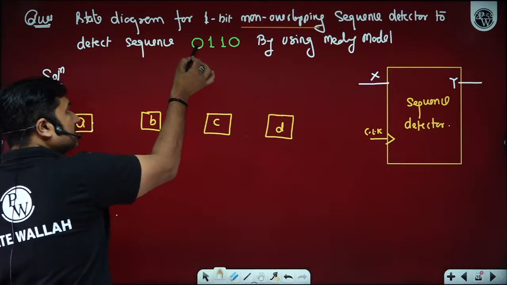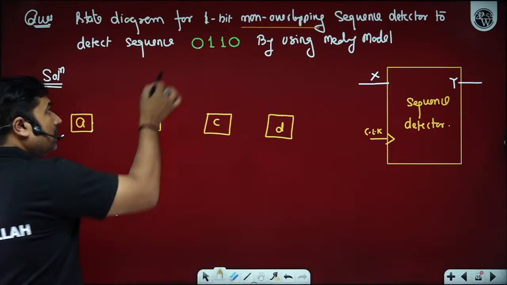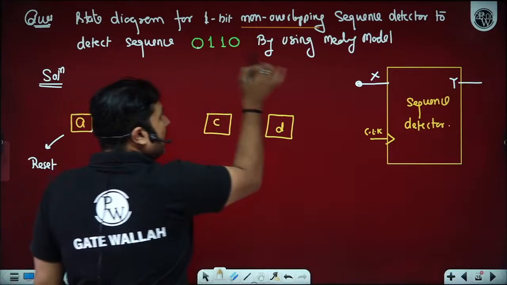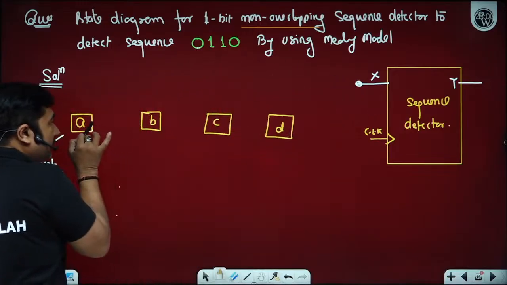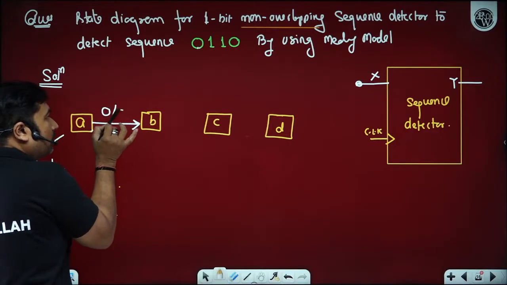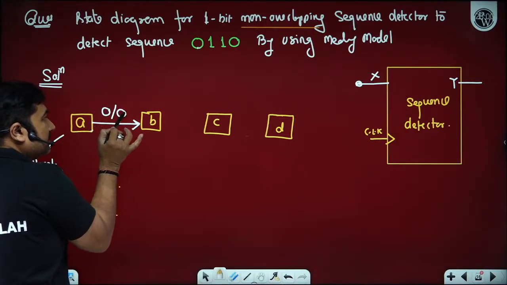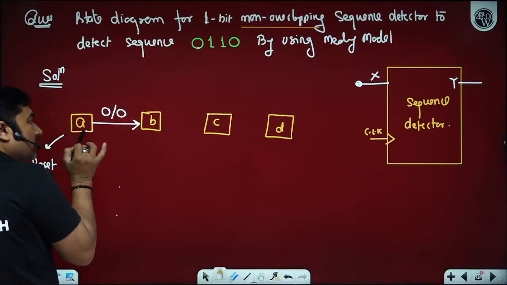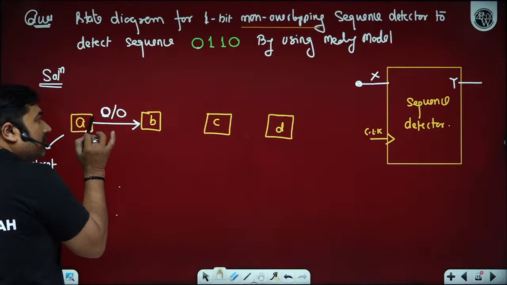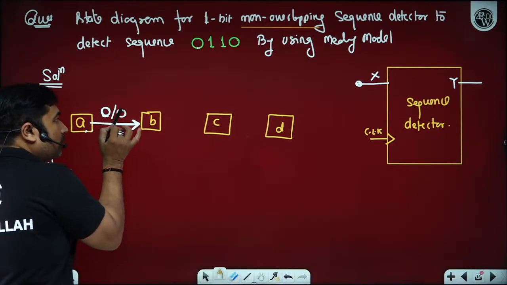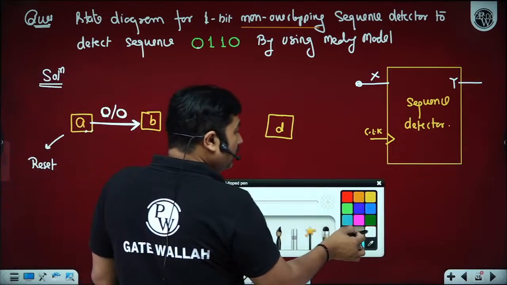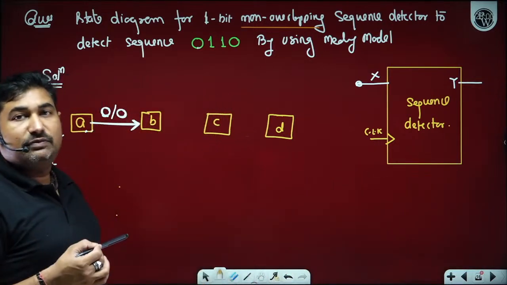If we receive 0 at the input X while on state A, you will move to state B. Output will remain low. This is the input, this is the output, this is the present state. If you are in present state A and you have given the input 0, you will move to state B and the output will become 0. Is it okay? Yes, sir. Output will be high only when the entire sequence is detected.